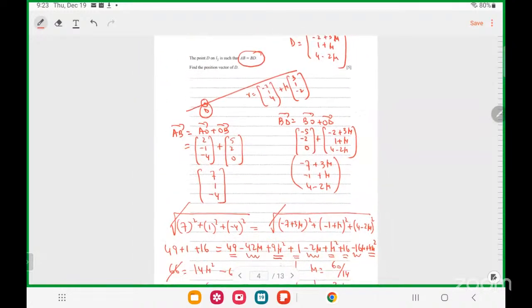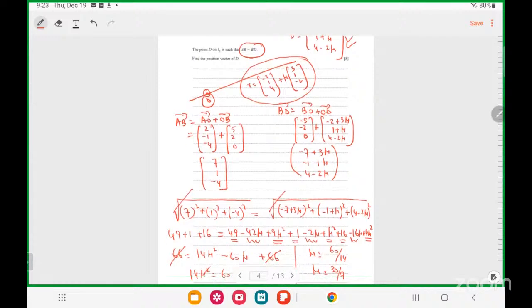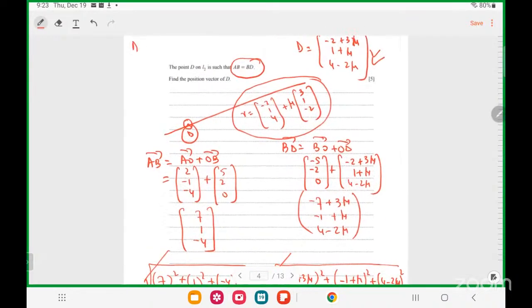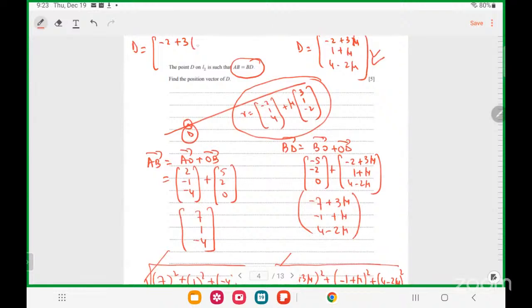Once mu is found, I will substitute mu in the value of D and find the value of D. So D is minus 2 plus 3 mu, where mu is 30 upon 7, 1 plus 30 upon 7, and 4 minus 2 into 30 upon 7.